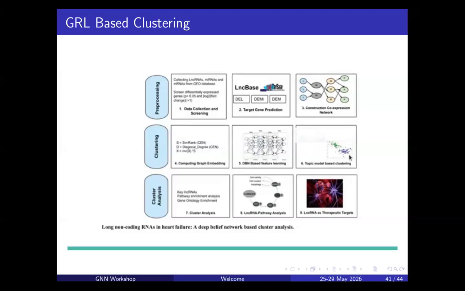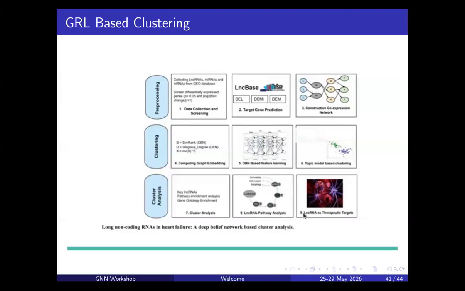Then once clustered, we identify the key lncRNAs and their interacting genes, and apply some gene enrichment analysis. So we identify which are the diseases or which are the pathways where these genes interacting with these key lncRNAs are active. We try to link lncRNAs with the pathways, and we identify the pathways where the lncRNAs are very highly active.